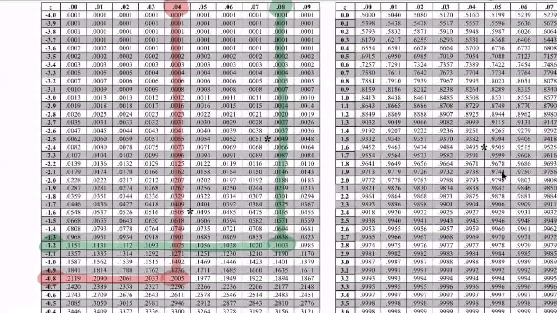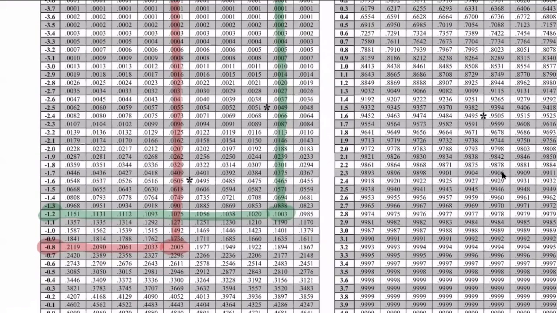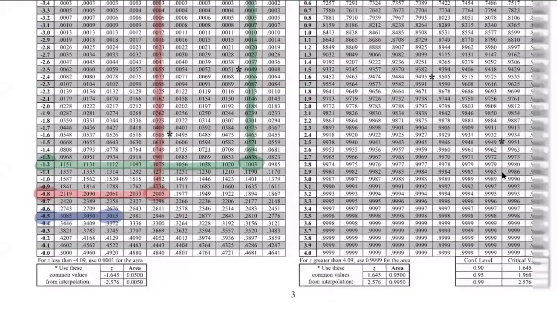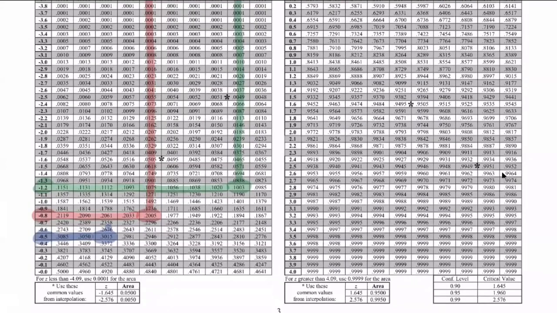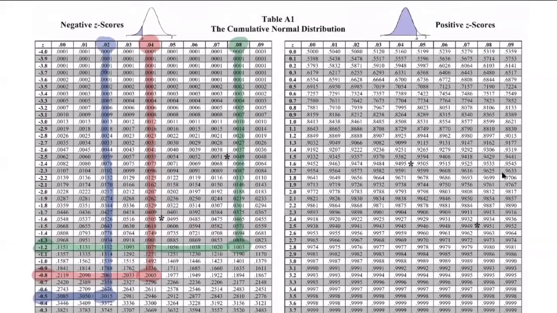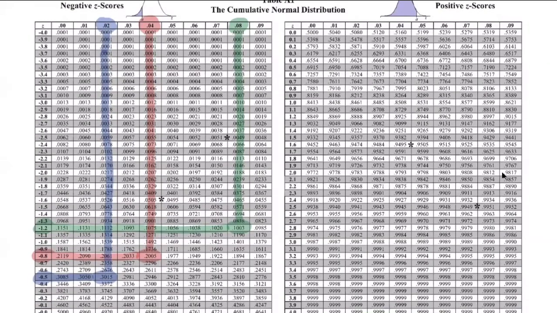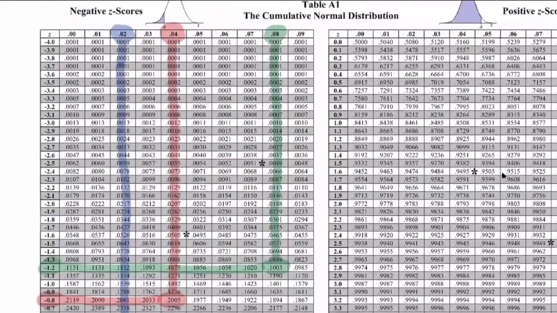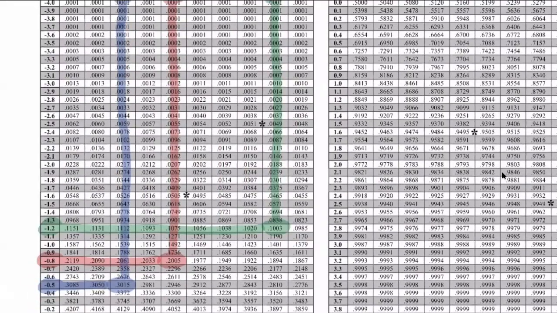There's a 0.3015, which is pretty darn close. So I think you get a negative 0.52 on that one. A negative 0.52.